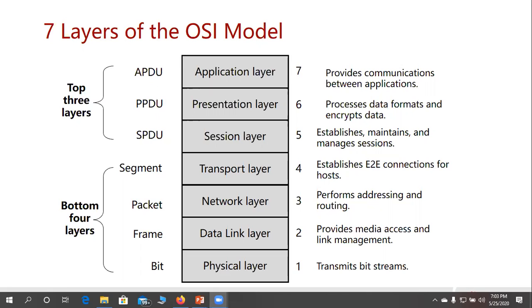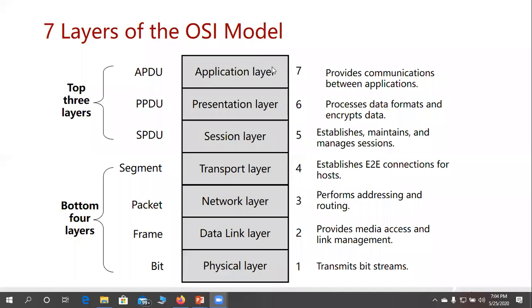They do routing. When you're sending the traffic, the router has to look for the shortest path to reach New York. That's what we call routing. Layer 2 provides media access and link management. Layer 1, the physical layer, transmits bit streams.